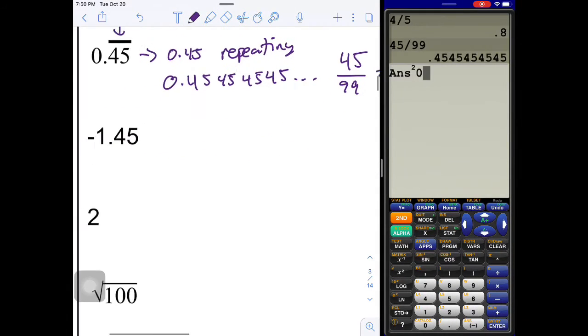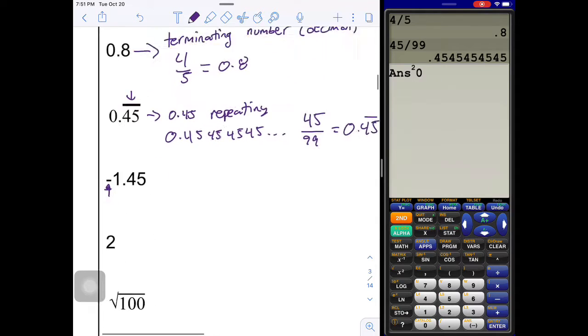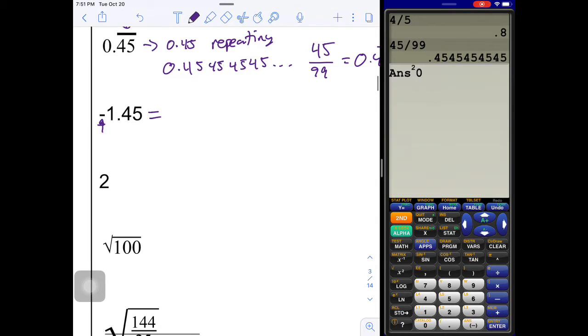What about negative 1.45? Even though it's a negative, it still can be a rational number. We can represent this as a fraction. If I put negative 1.45, I can press math and choose fraction, and my calculator shows me negative 29/20.